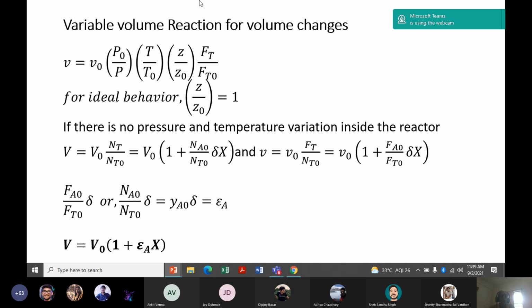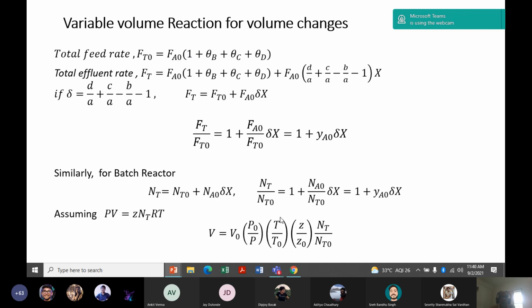And for flow reactors, this will be Ft by Ft0. And final volume, in terms of initial volume, we can write this. In the ideal gas law, we are considering both temperature and pressure effect, and Z by Z0 is the compressibility factor ratio, and that is PV is equal to ZNRT.